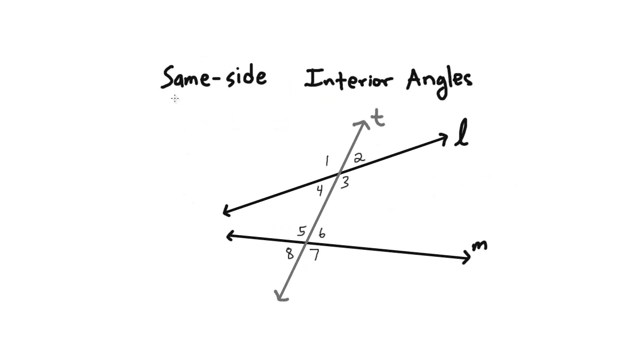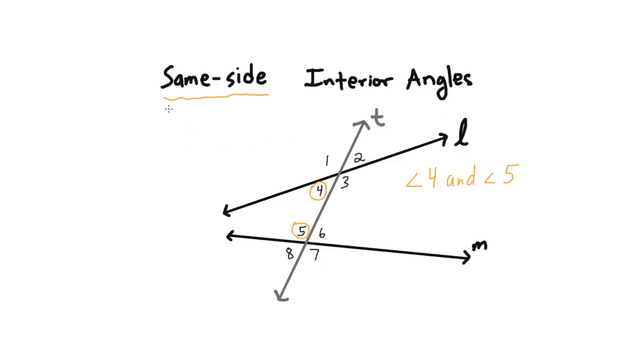Okay, so now let's take a look at same side interior angles. And if you look at the diagram again, we have angles 4 and 5 being on the same side of the transversal. So angles 4 and 5 are known as the same side interior angles.